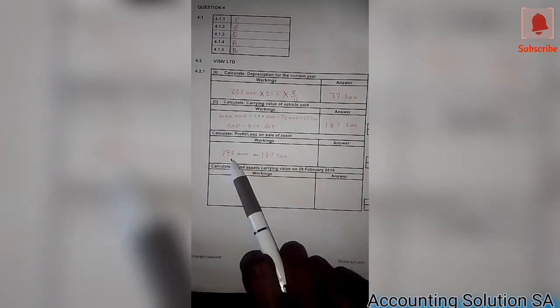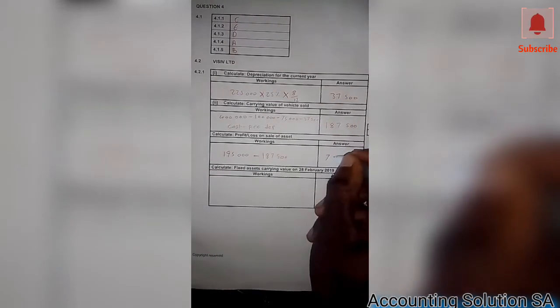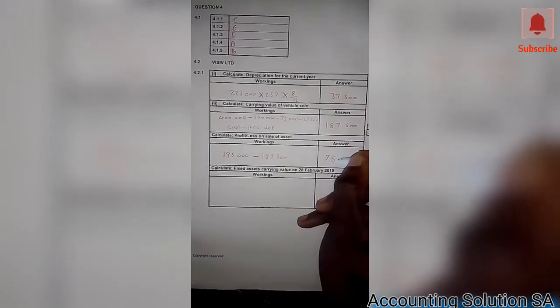What we receive is more than what we have, which means that this is a profit of 7,500. However, if we sold for a lower amount, it means that we make a loss, because we sold something which is worth more than what we received. However, in this case, it's a profit. Okay. Then again, let's go back to the question.